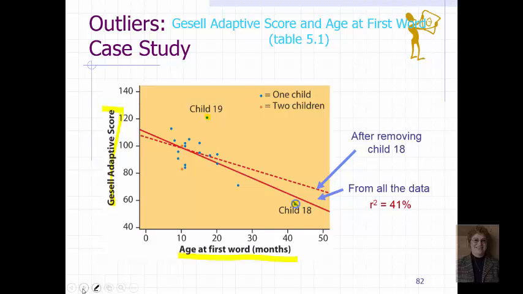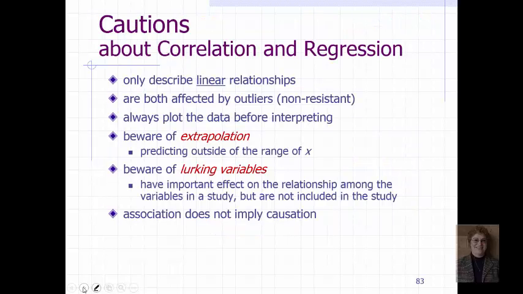And so from all the data, the amount of explained variation is 41%, but after we take child 18 out, it's only 11%. So beware of those outliers.